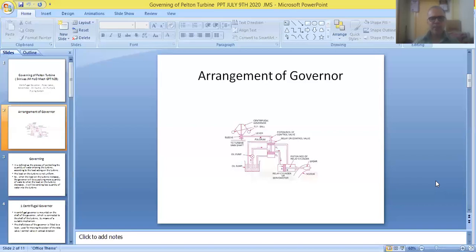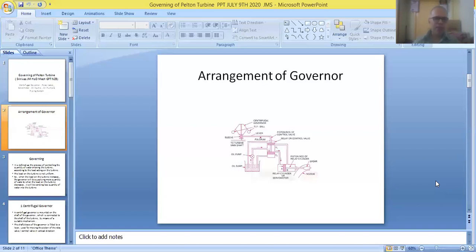Both these pipelines are used for discharging oil that is coming out of the control valve, that is coming out of the first cylinder, onto the reservoir. So totally 6 pipelines are used in this arrangement.